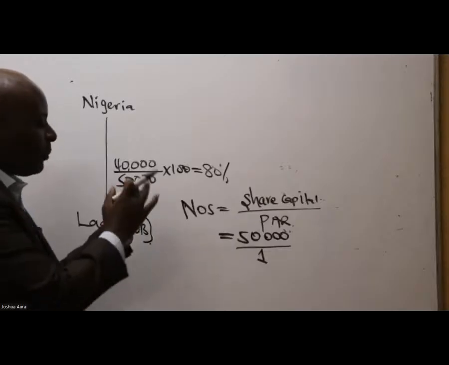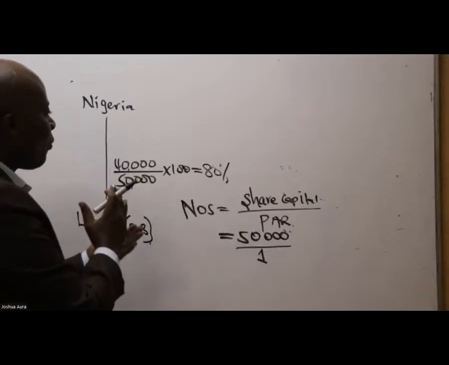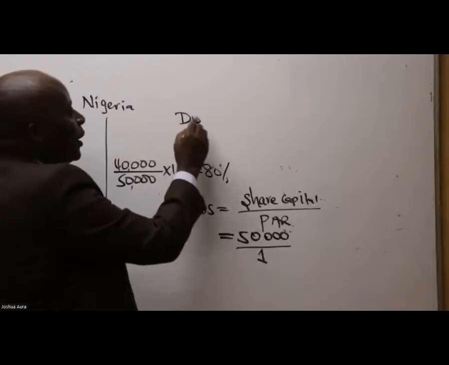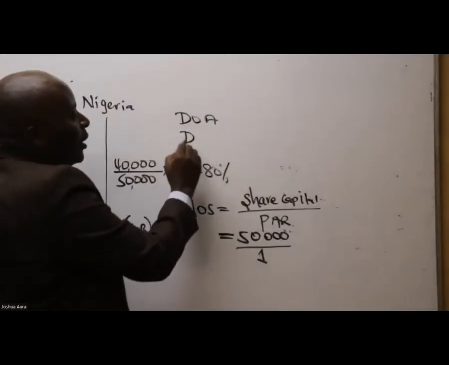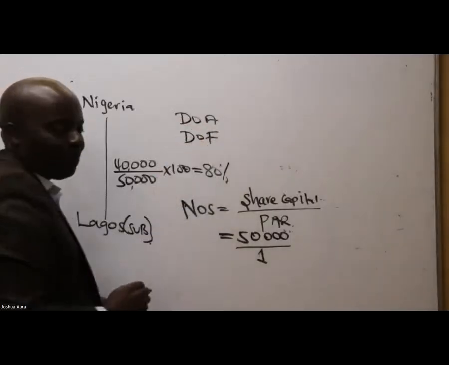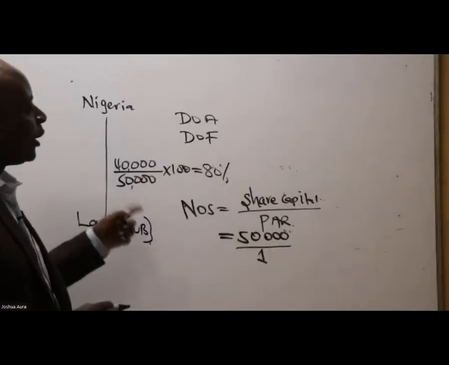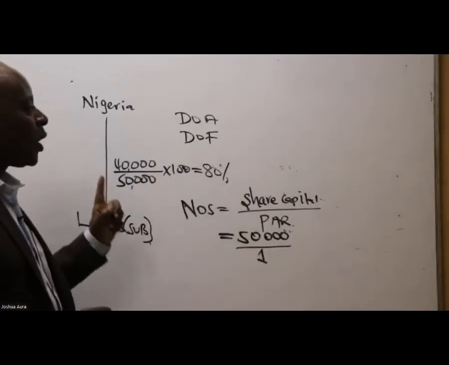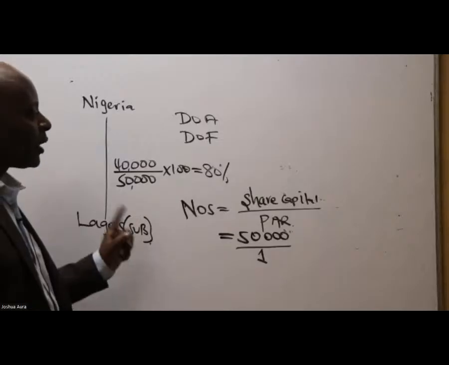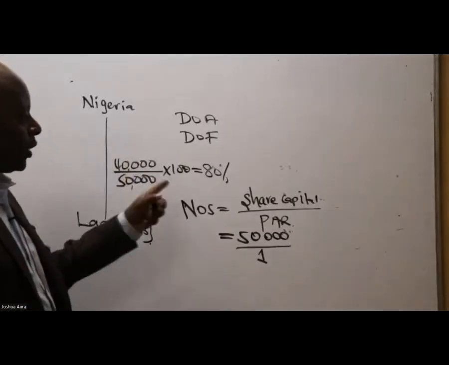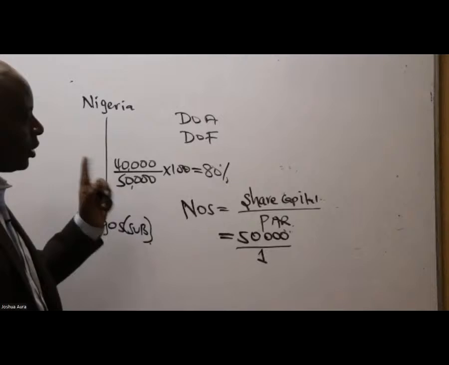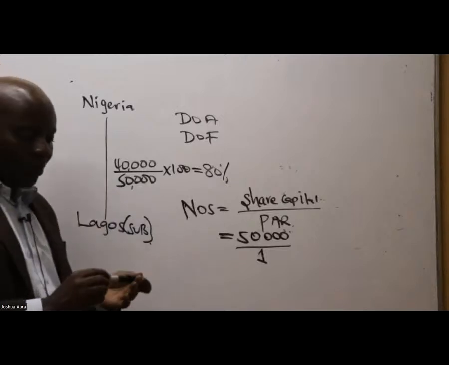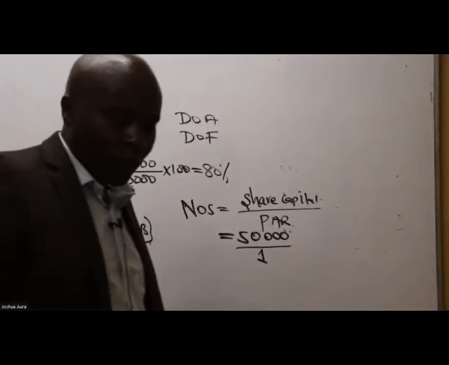So I would want to count the number of months. For me to count the number of months, I would be interested in knowing the date when we acquired the subsidiary, the date of acquisition, and the date of the financial statements. The date of acquisition is given here.